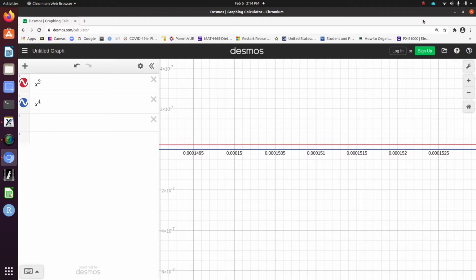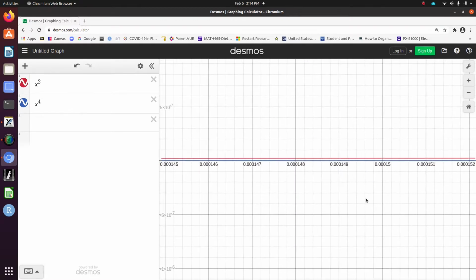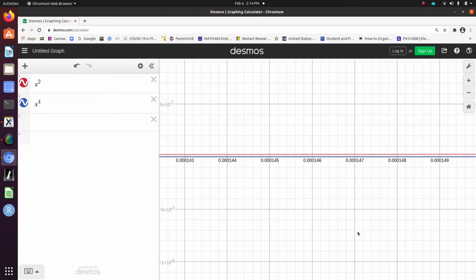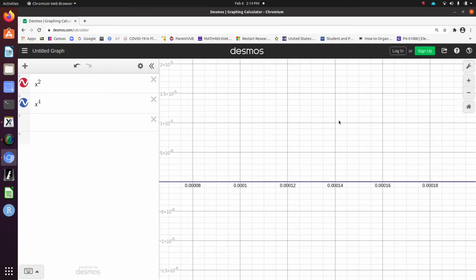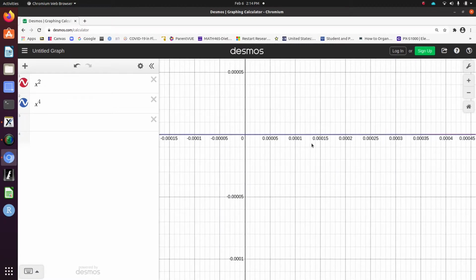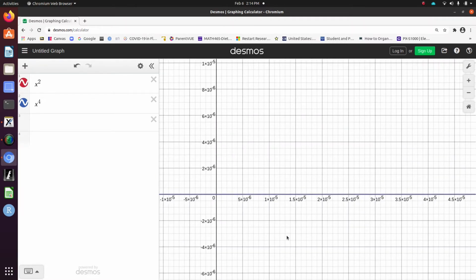Okay, so the point is that x squared, even though it's coming in here, we find that we're really, really close to 0, super close to 0. The blue curve, the x to the 4th, has us beat. Right? So as we're coming in close to 0, if we say x squared over x to the 4th, it's like a number divided by 0, because no matter how close you get, it really looks like the red curve is much higher than the blue curve.